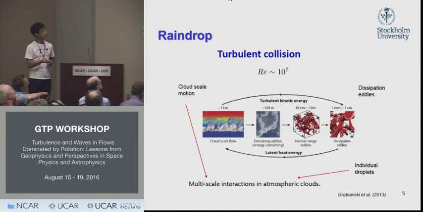From these individual clouds, because of condensation, we have latent heat release. So the latent heat energy flows from small scales to large scales, but the turbulent kinetic energy flows from large scales to small scales. The scales in clouds are really multiple.